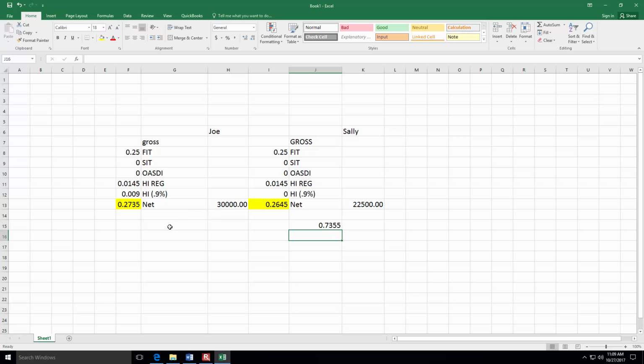So that's 0.7355 for Sally, and for Joe, it is 0.7265. So really these whole first steps are just to come to that percentage, isn't it? Because that's the number that we use to gross it up.